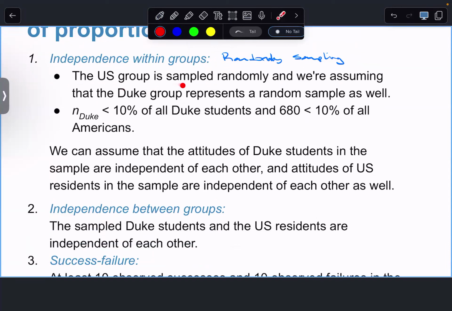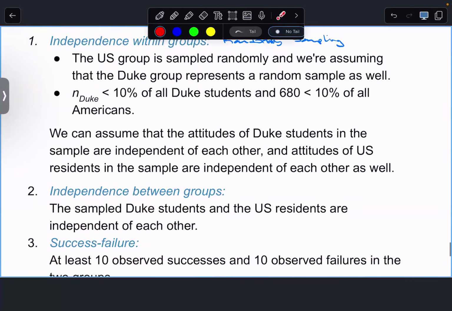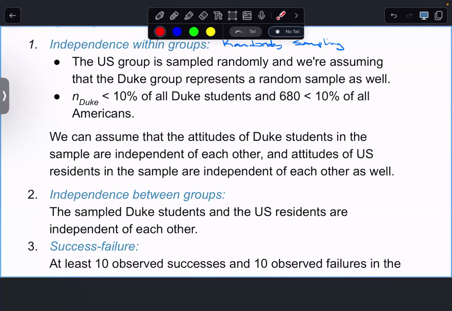And so the US group is sampled randomly, and we're assuming that the Duke group represents a random sample as well. That's not necessarily true, right? But we are saying, hey, I'm assuming that this is how it is, right? And then this one's optional.